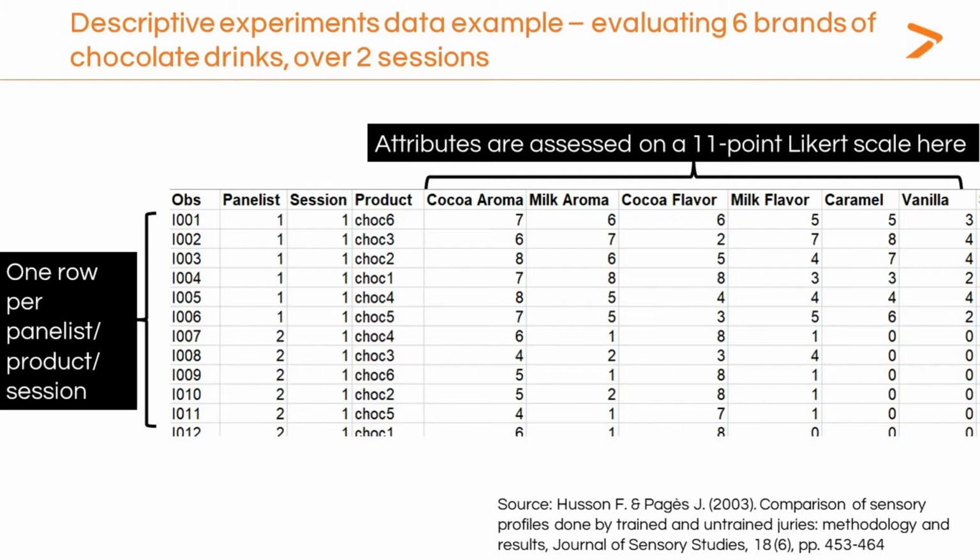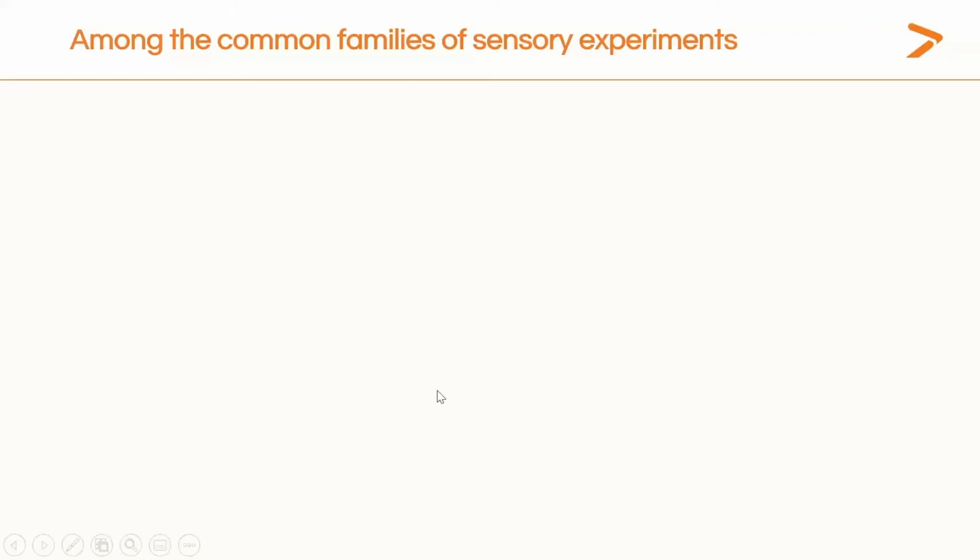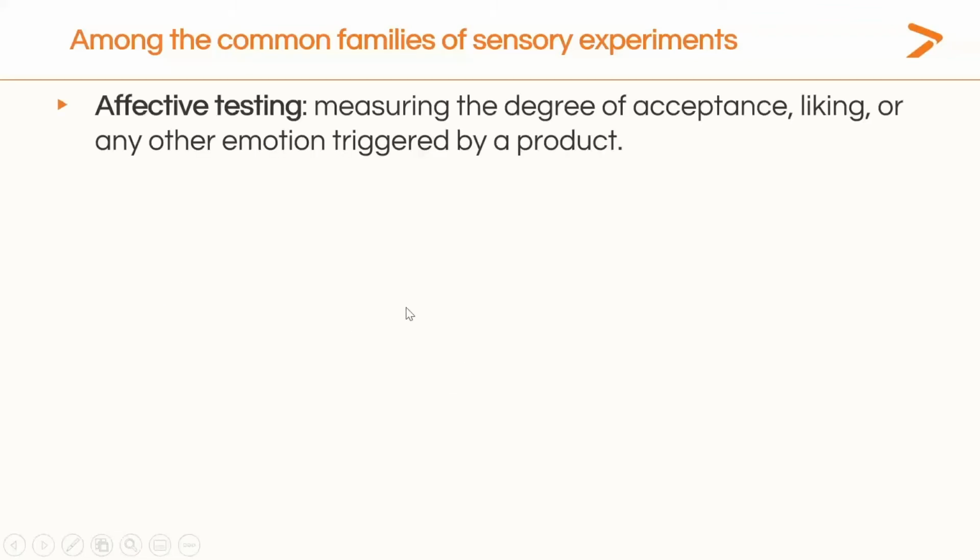And these attributes here are assessed on a 9-point Likert scale. So as you can see, you have 1 row per panelist, product, and session. See, this panelist is repeated 6 times over the first session, 1 time per chocolate product. There are 6 products.